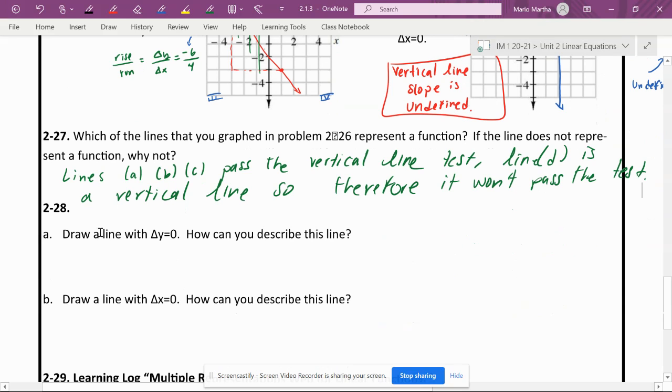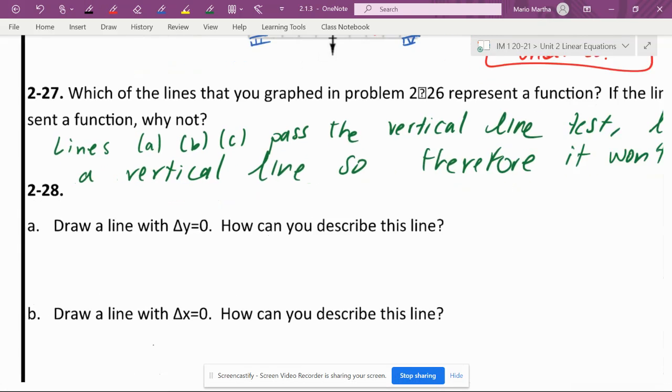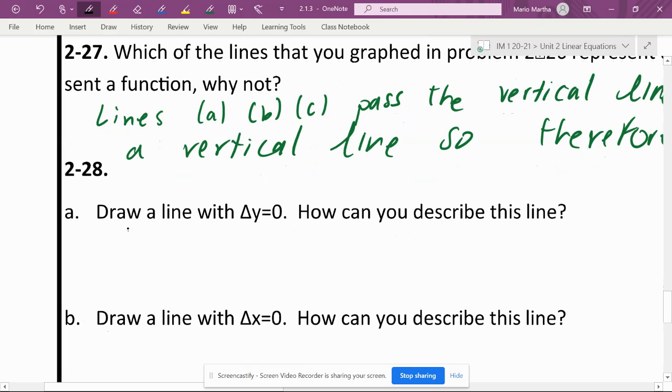Now, question 228, draw a line with delta y equals 0. And how can you describe this line? If you want to draw a line that's not changing, we can draw a little x and y axis right here. If you want a line that doesn't change vertically, it's just going to be flat all the time.